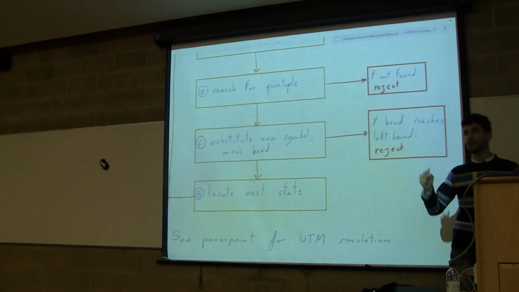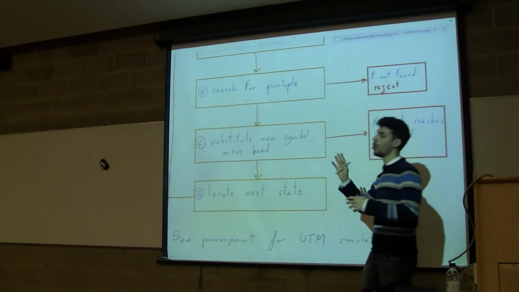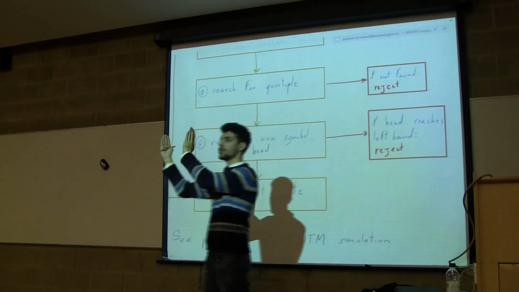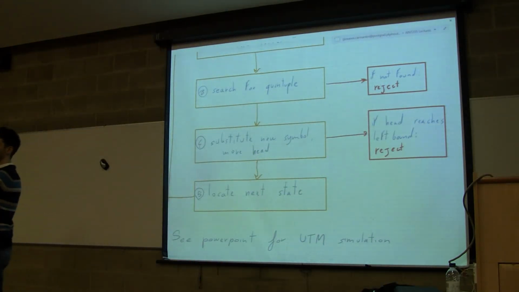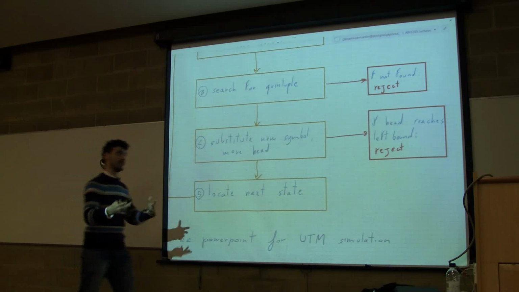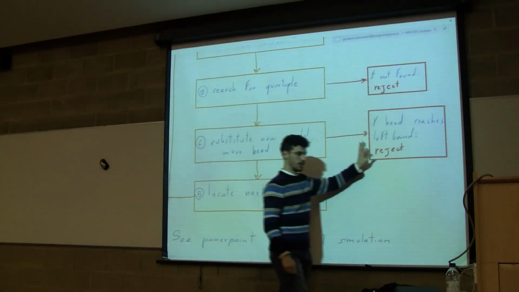There's the possibility that you move left too much, and you're not in the tape description side of the tape anymore, but you went too far left, and that's like a segmentation fault error, okay? That's like, this is not the right section of memory you should be in, so that's an error. So if that happens, reject.